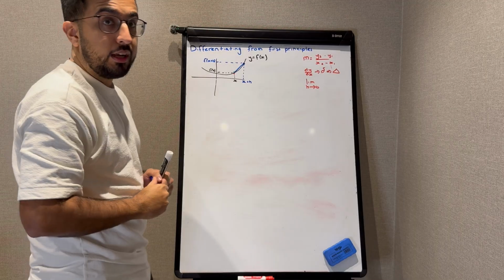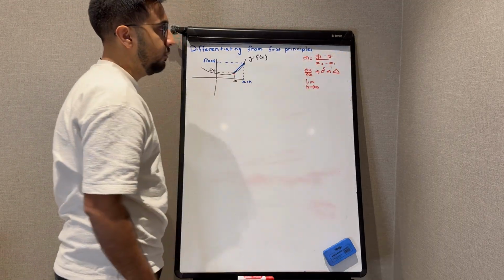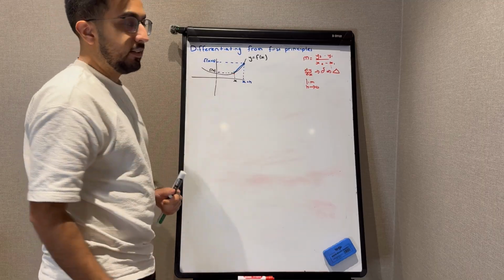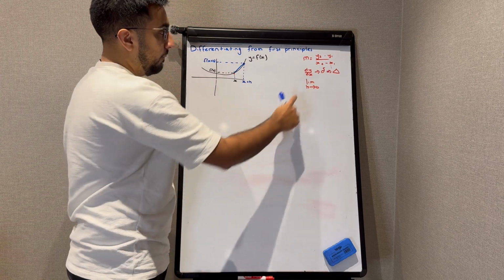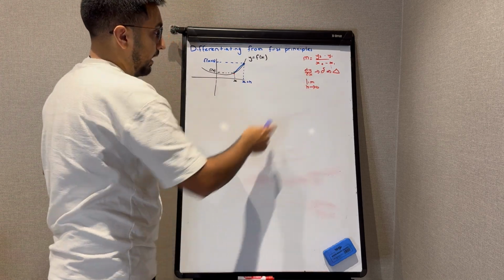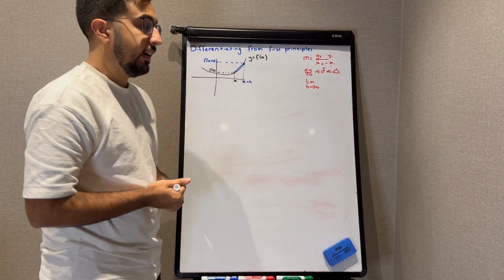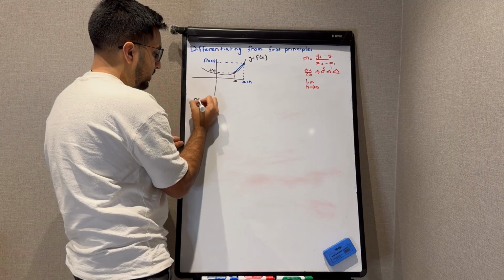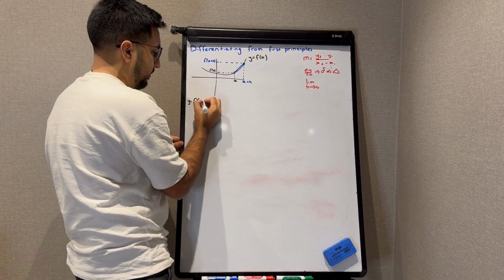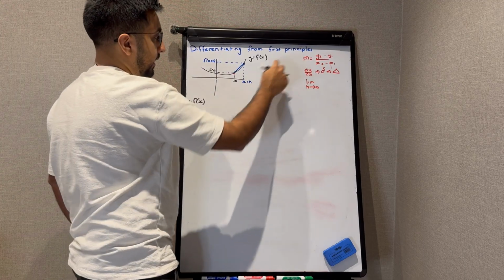So we have all the knowledge now. We know to calculate gradient, it is just y2 minus y1 over x2 minus x1. We know we want to minimize the gaps between both of these, so we have a limit in place. And we understand what the dy over dx actually means. So if we put it all together now, if y is equal to f of x, then the differential of x is equal to y2.